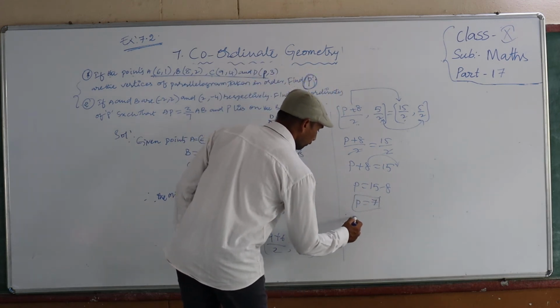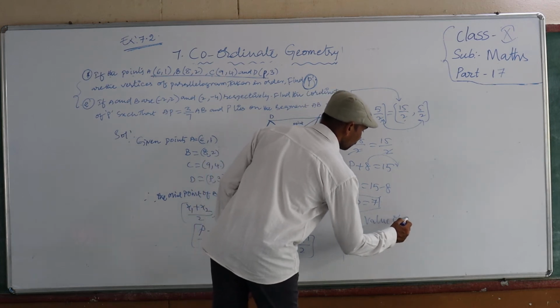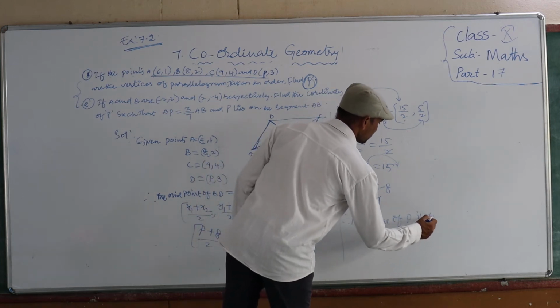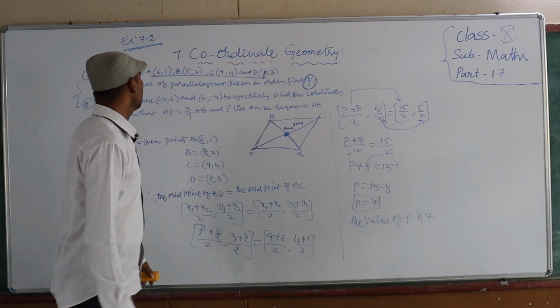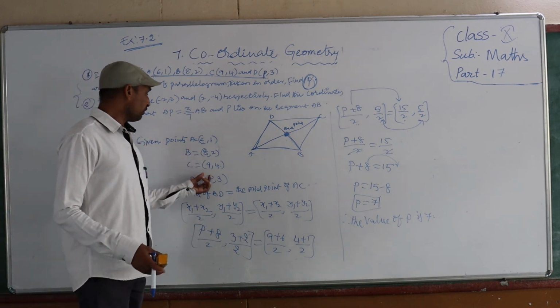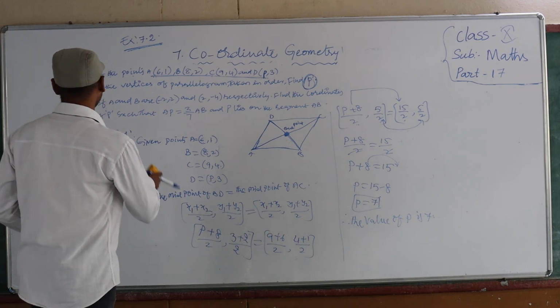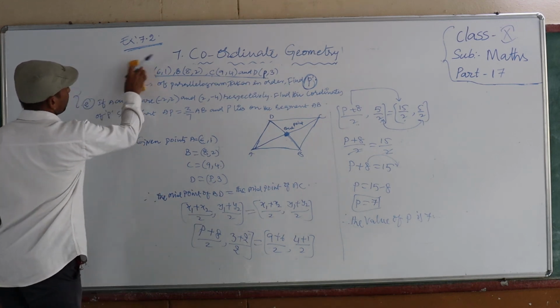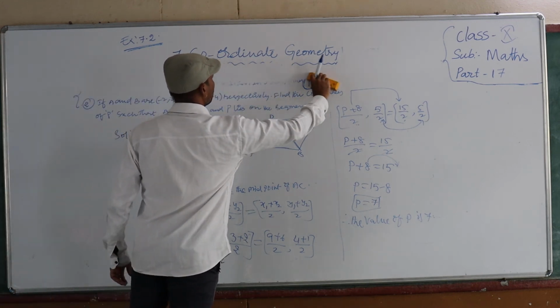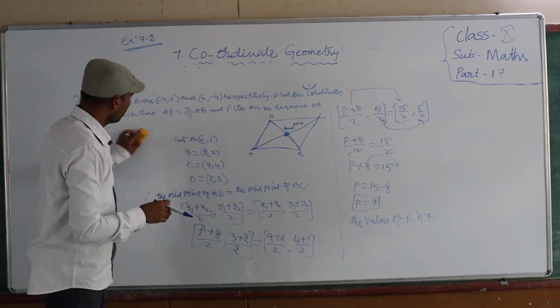Therefore, the value of P is 7. This is how to find the given variable value if it is a parallelogram or any quadrilateral, according to the condition of the quadrilateral. So we will go for the next problem.